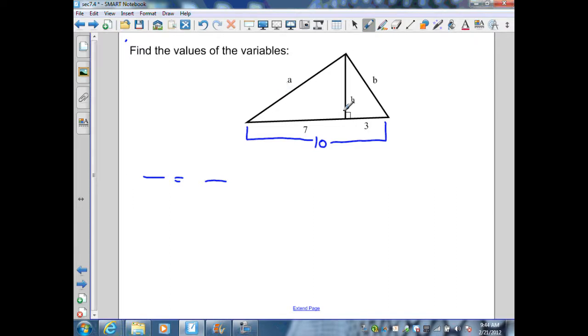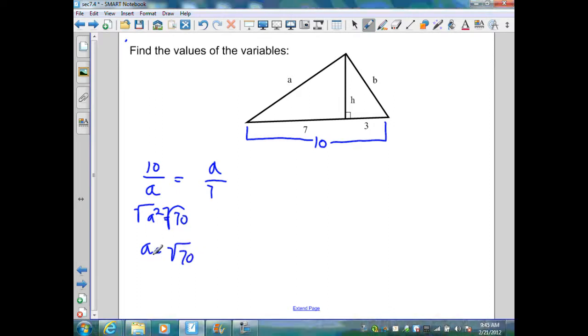When an altitude is drawn to the hypotenuse of a right triangle, then that leg is the geometric mean between the hypotenuse, 10, and the segment of the hypotenuse adjacent to that leg, 7. Then I just solve by cross product. A squared equals 70. I take the square root of both sides, and A equals the square root of 70. That's already simplified.